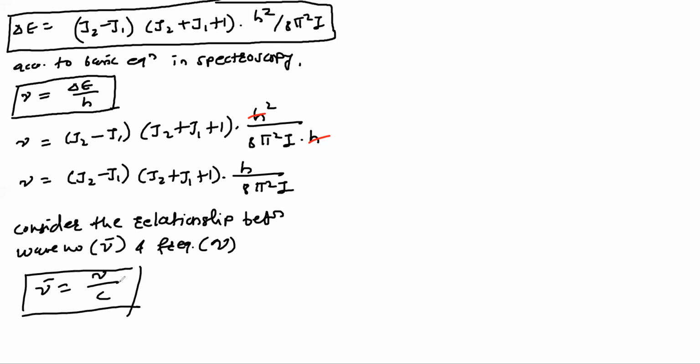So this is the relation between the frequency and wave number. So by using this relation, we can write down the next equation for wave number. The frequency divided by c, where c is the speed of light.